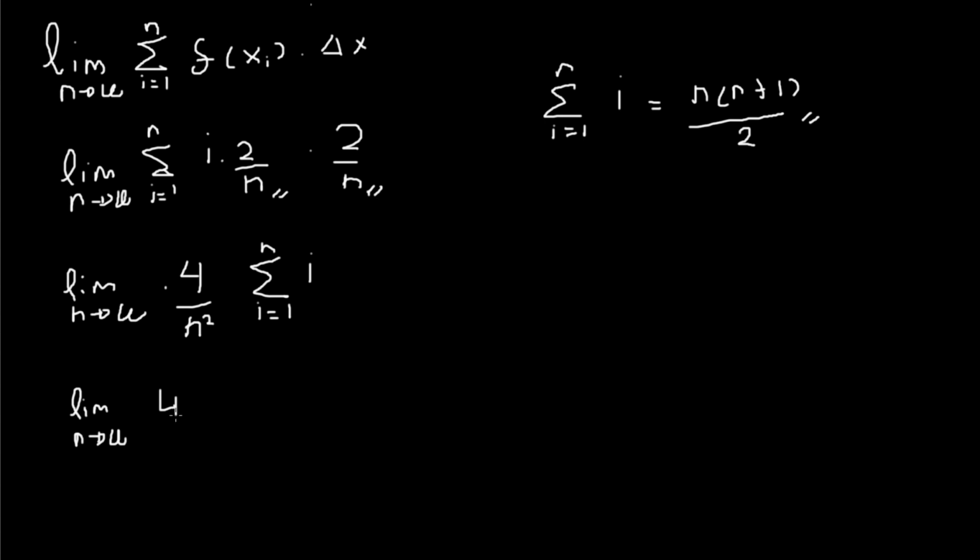So we have 4 per n squared times n times n plus 1 divided by 2. And we know the result of this is going to be n squared, but since n goes to infinity, these two n could be ignored because it won't exactly affect much.